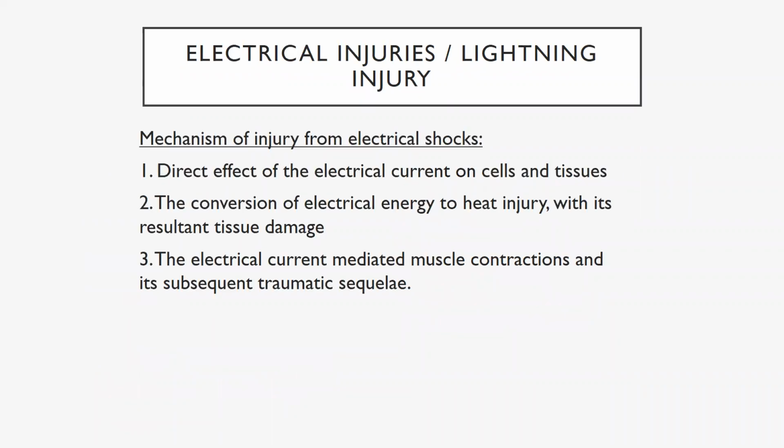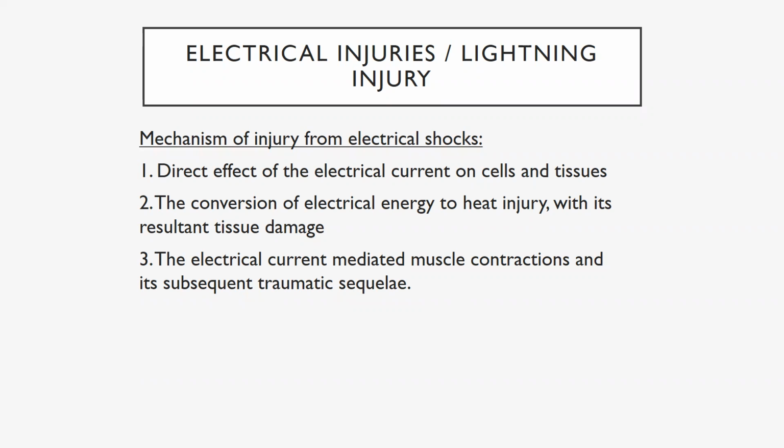So what are some of the mechanisms of injury from electrical shocks? Now, one is the direct effect of the current on the cells and tissues. This is where you can get a burn directly to the tissue at the site of entry and at the site of exit. The next is conversion of electrical energy to heat energy.